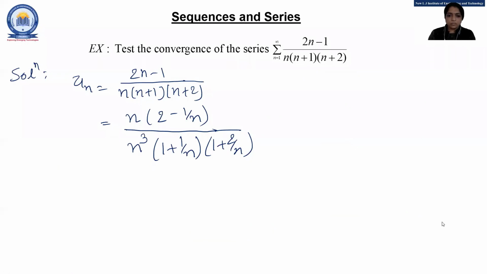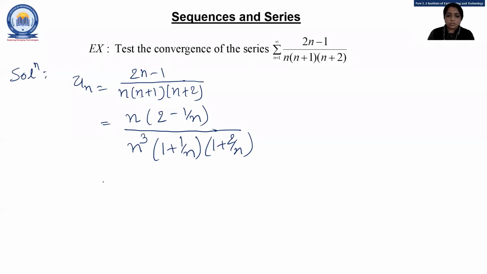Now, here I take n common from the numerator, that is n(2 minus 1 by n), and n common from each bracket of the denominator. n into n is n square, and n into n into n is n cube, and the remaining terms are (1 plus 1 by n) and (1 plus 2 by n).